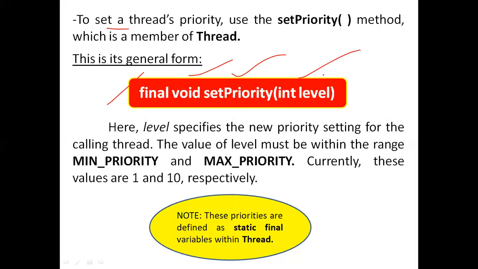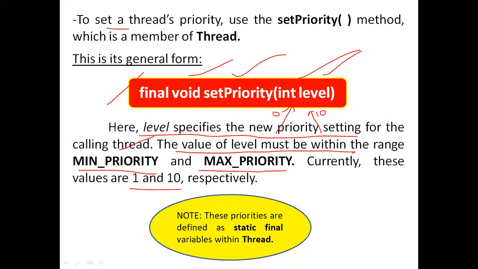You have to provide the value here. Here level specifies the new priority for the calling thread. The values of level must be within the range MIN_PRIORITY and MAX_PRIORITY. So the minimum value is 1 and the maximum value you can provide is 10. Do not cross these boundaries.